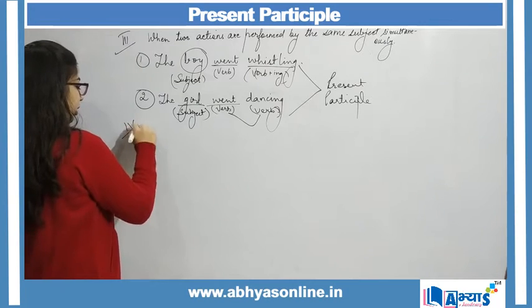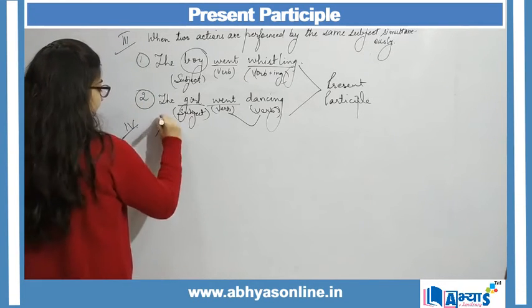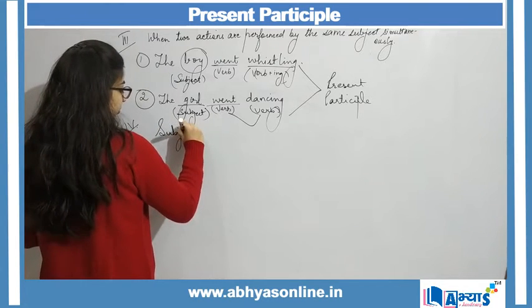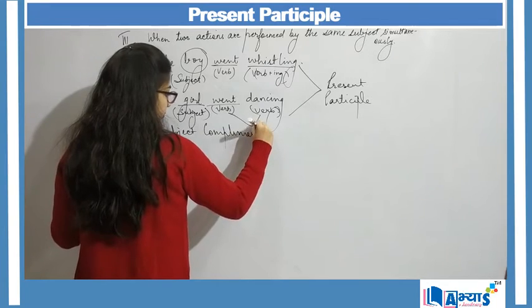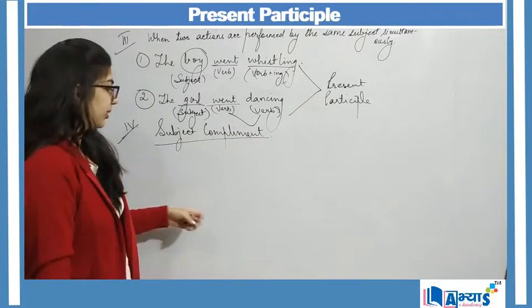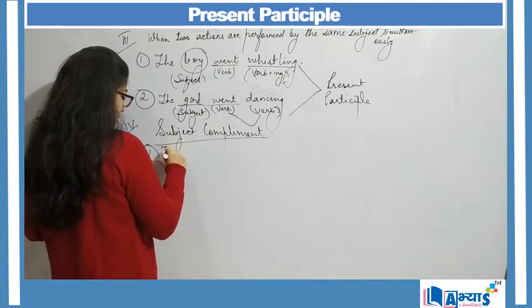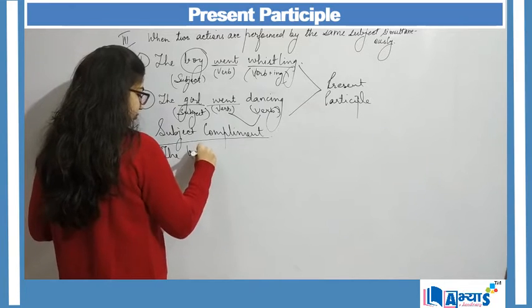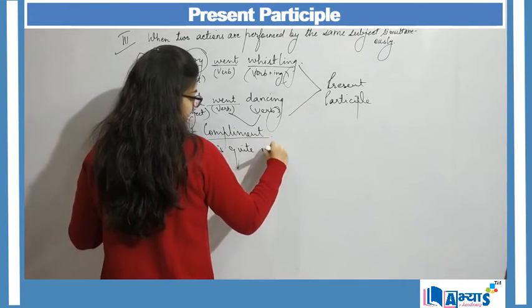Now fourth, where present participle can be used is when we have a subject complement. A subject complement example can be the book is quite interesting.